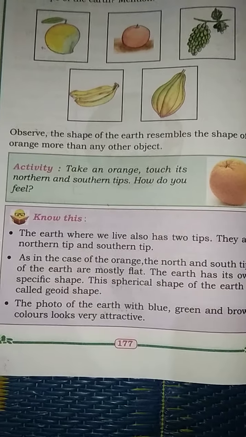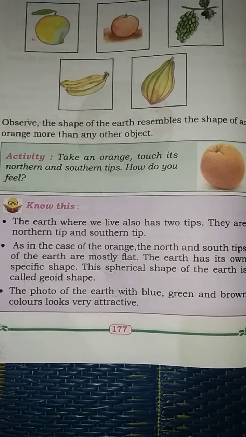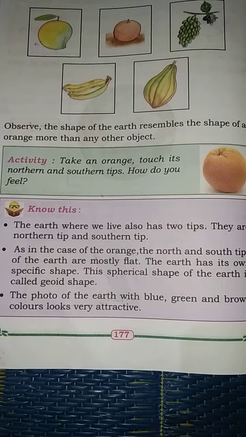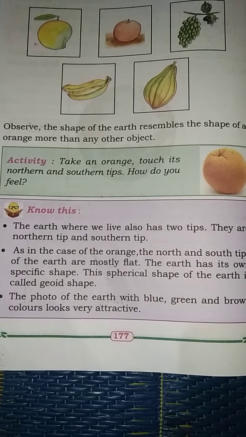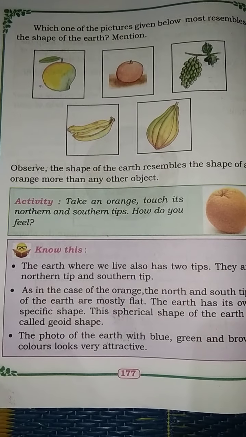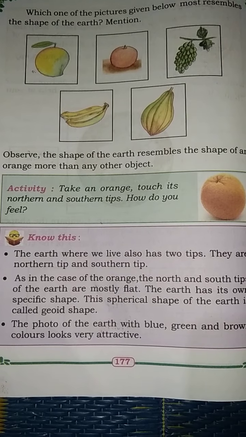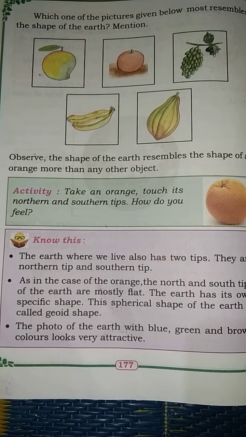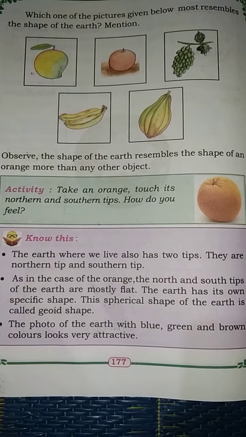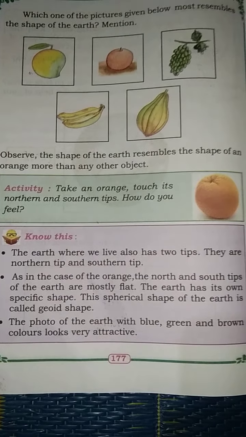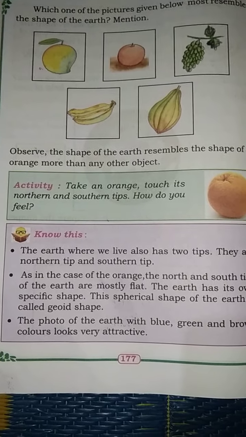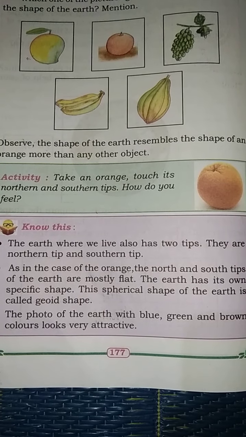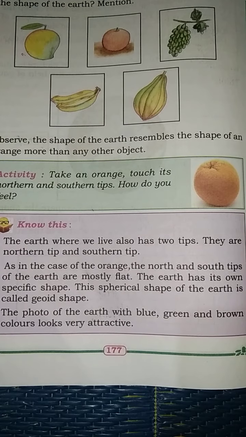The photo of the earth with blue, green and brown colors looks very attractive. So here you understand that the earth has two tips, the first the northern tip and the second the southern tip. At the end of the two tips, the earth has a flat surface. The shape of the earth is spherical, also called geoid shape. The photo of the earth with blue, green and brown colors looks very attractive.